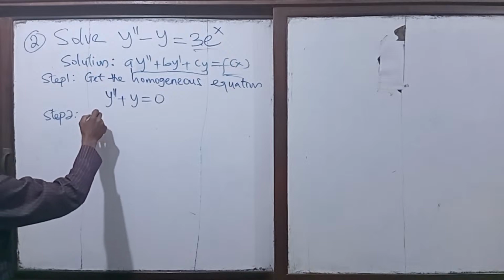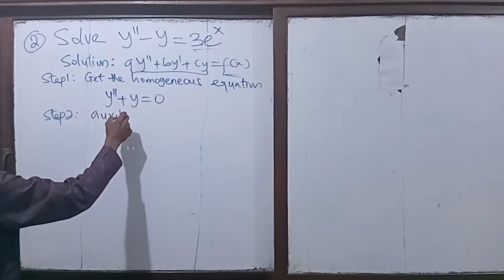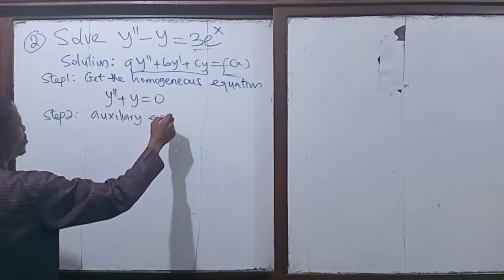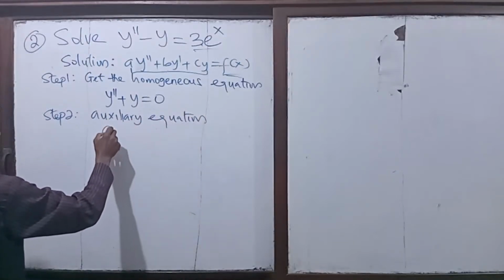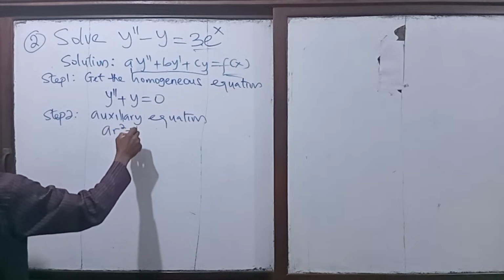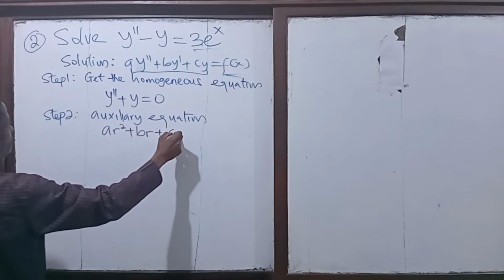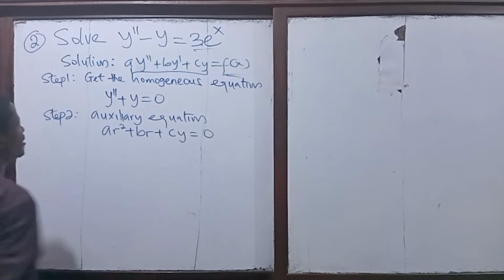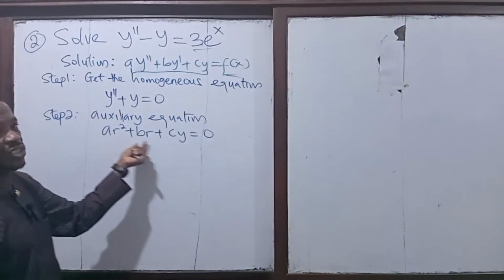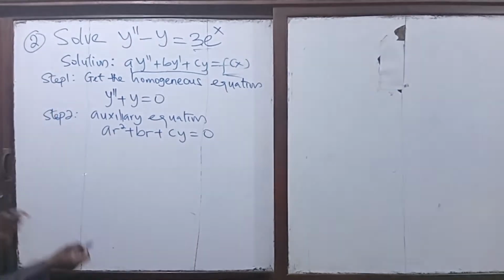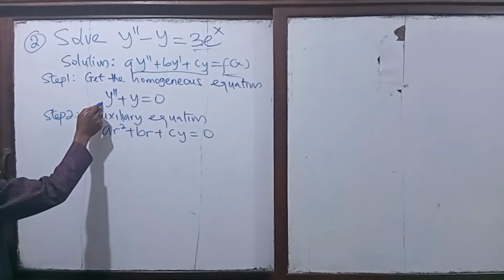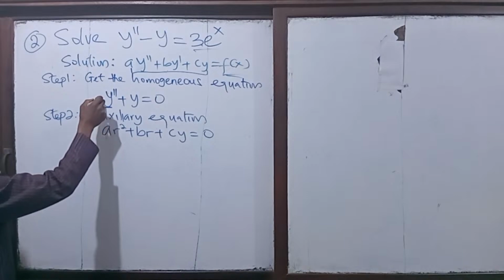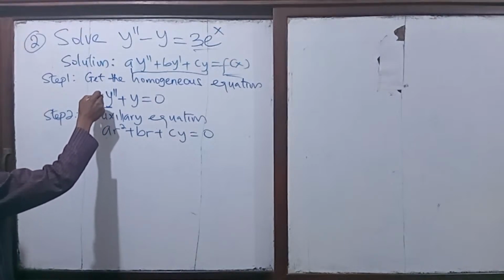Step 2, get the auxiliary equation, which has a standard form. This auxiliary equation has a constant coefficient. Now correspond this with the given differential equation. The attachment to your second differential here is 1.